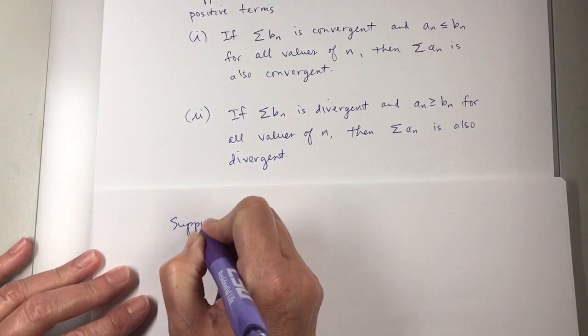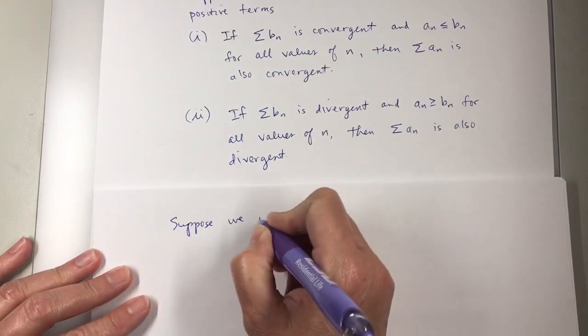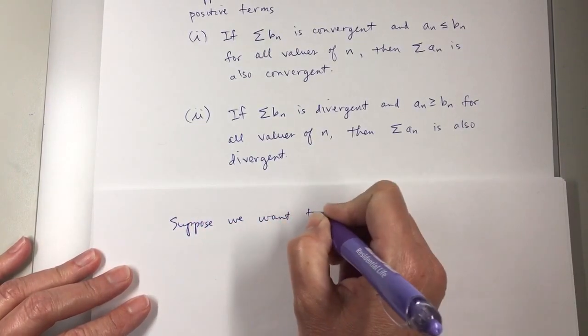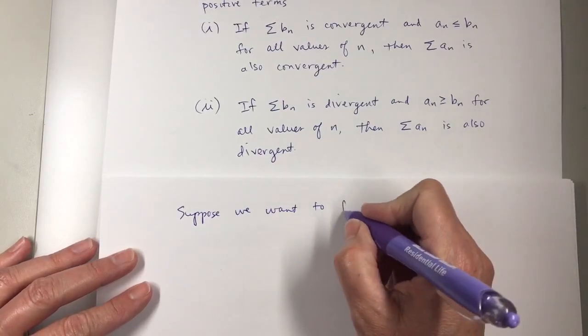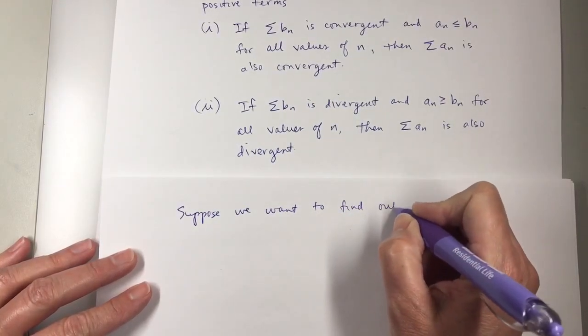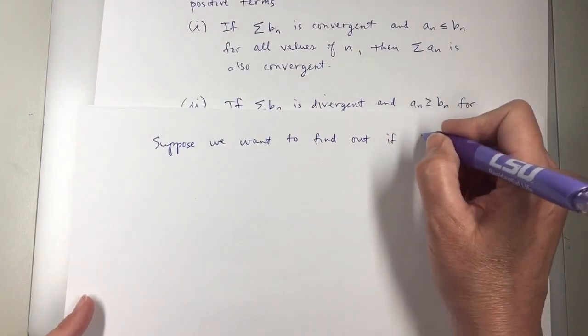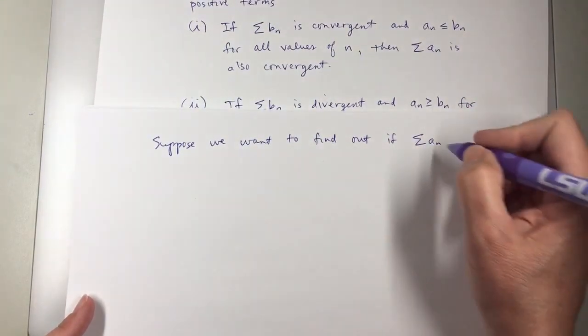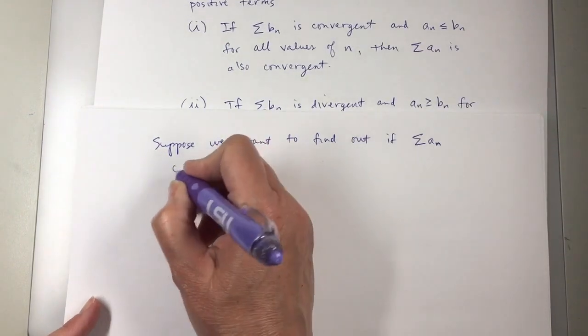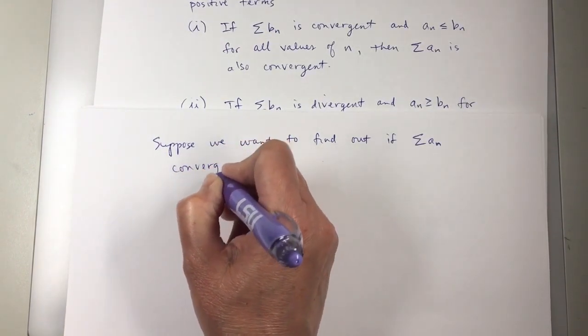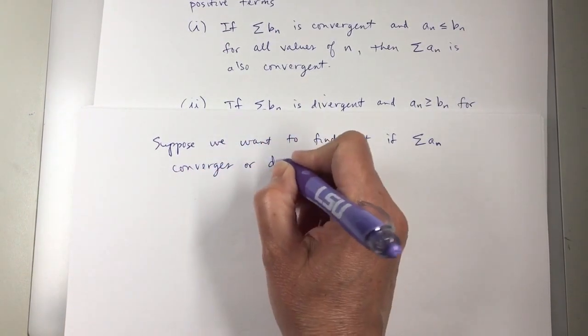Suppose we want to find out if series A sub n converges or diverges.